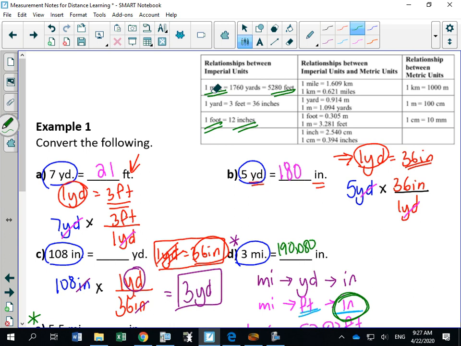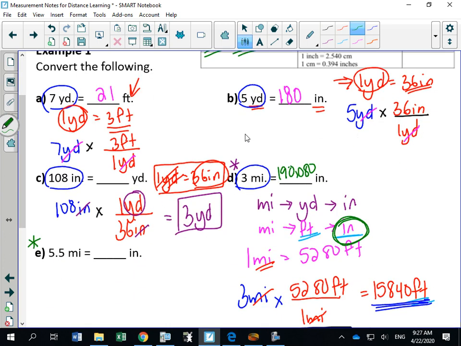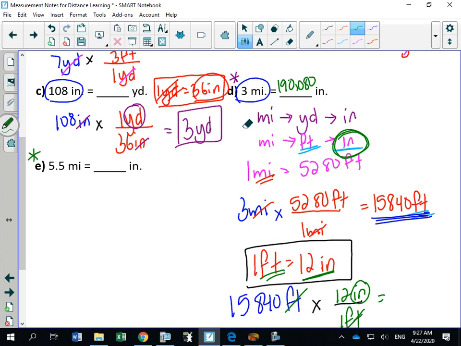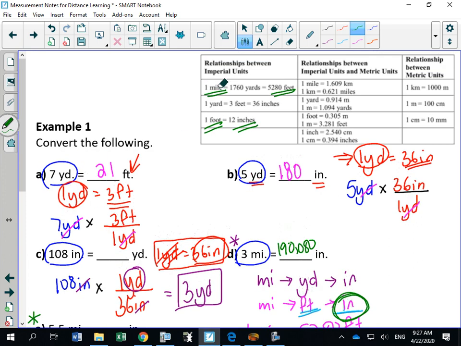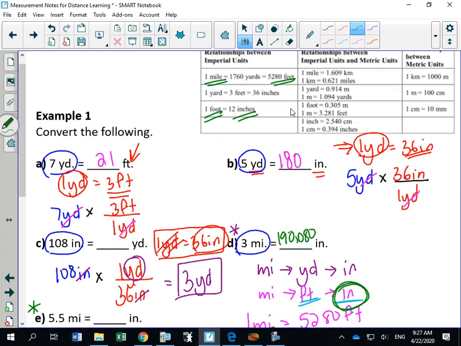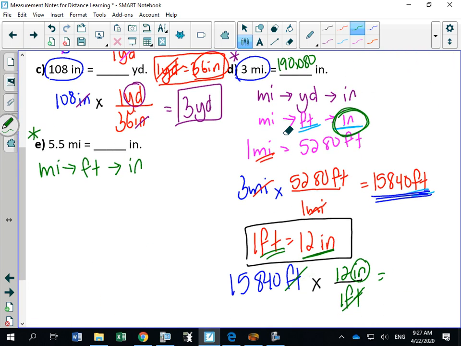So let's go from miles to feet and then feet to inches. So let's do this pathway here. Miles to feet, and once you're in feet, convert to inches. So the first conversion that you'll need is the miles to feet, and that's 1 mile is 5280 feet. So let's write that down.